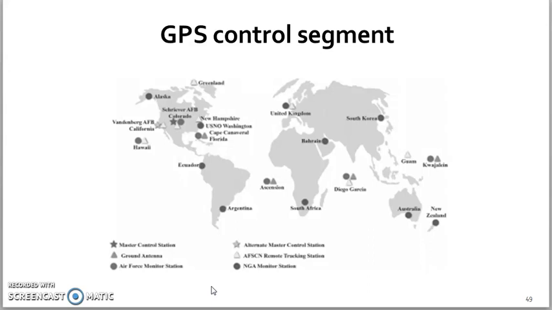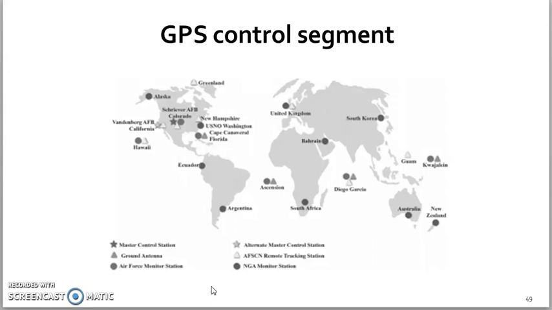Then the master control station corrects the anomalies in the information received from the satellite, and sends the corrected data back to the satellite through the ground antenna on the master control station.